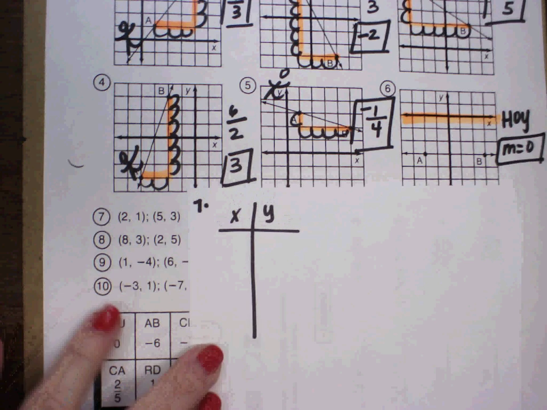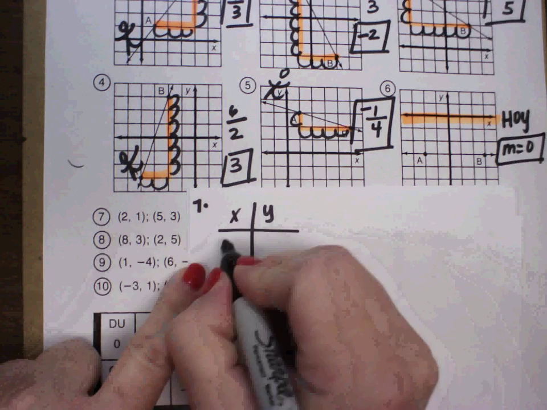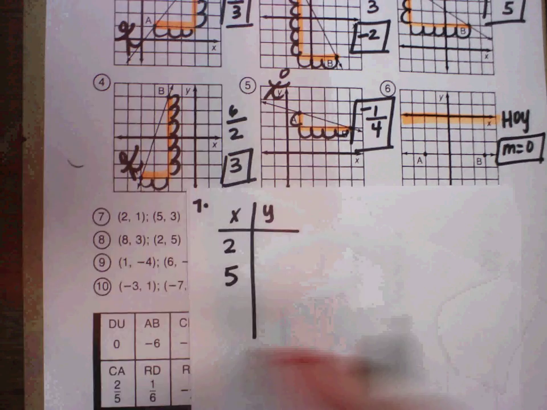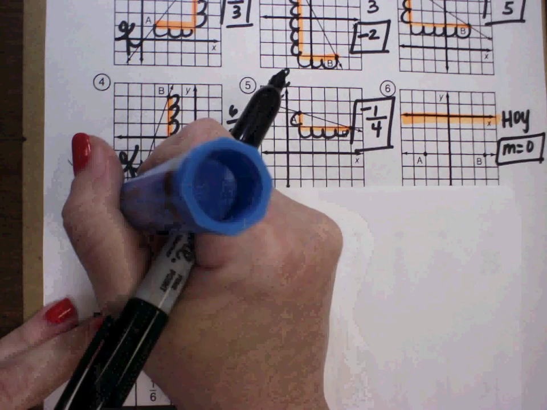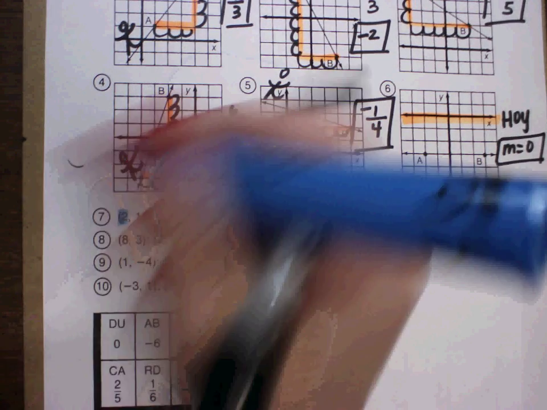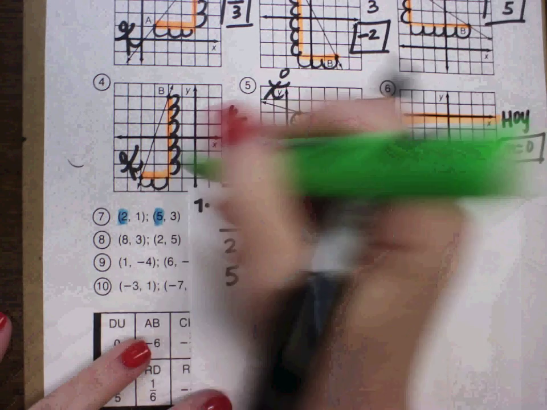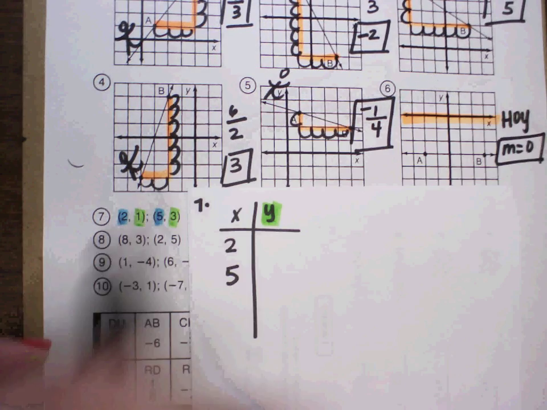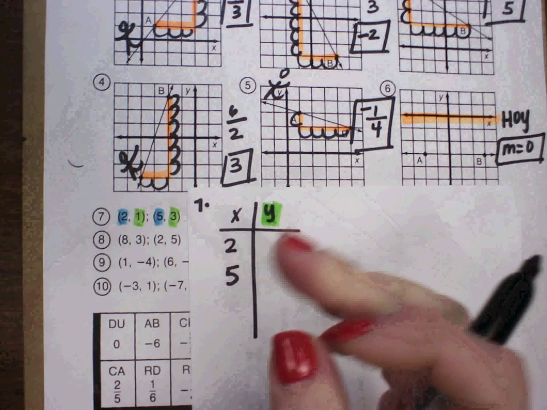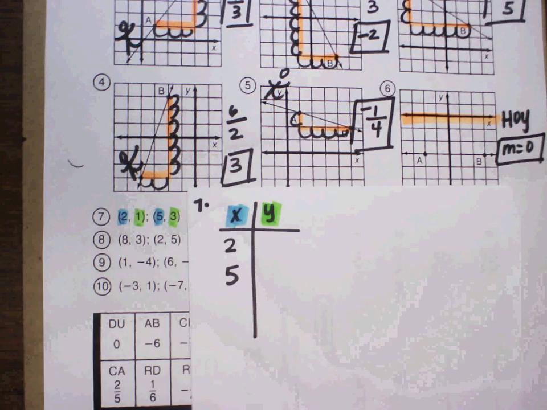And if you need to come over here and highlight the X's in one color, X is always your first number. Y is always your second number, right? If you need to do this, by all means, do it. That's a good strategy. Are we good? And then my Y's would be 1 and 3.